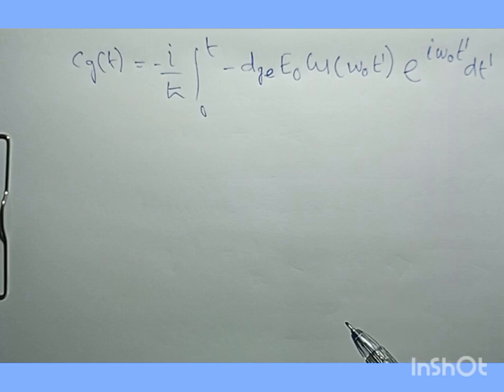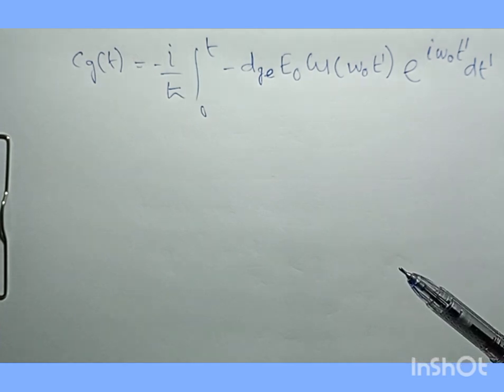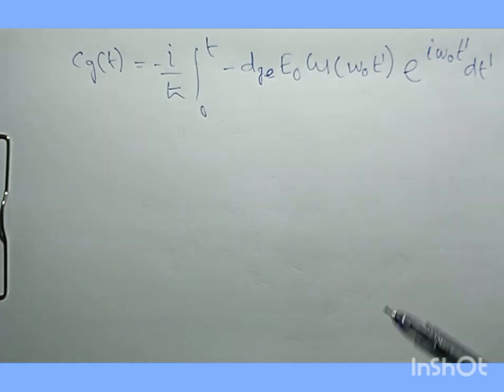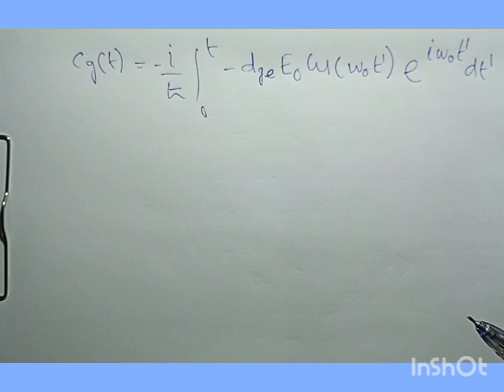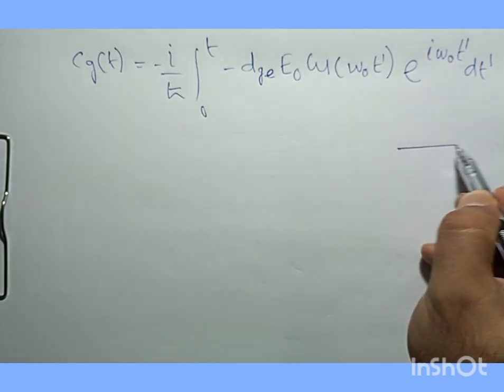So what we are focusing on here is this problem, and we are calculating the transition amplitude. What we have to analyze is the spontaneous emission.